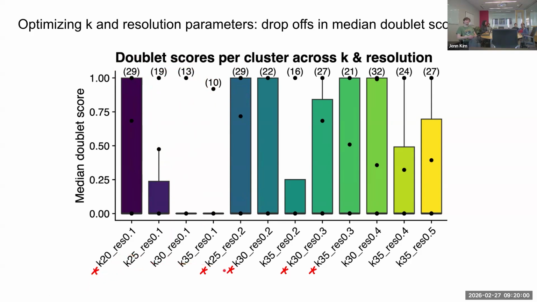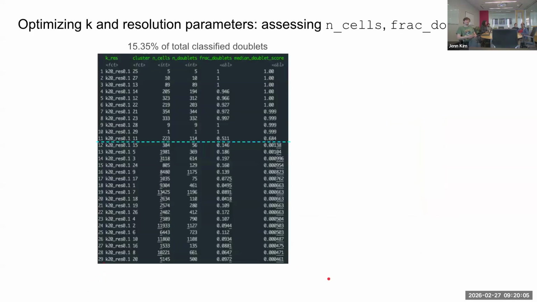So then we focused in on these 5 K-res combinations a little bit further. So you can look at each of the K-res combinations. I'm starting with K20, resolution 0.1, and you can see, if you sort the clusters by the median doublet score, there's this stark drop-off at 0.684 down to clusters that have around 0 median doublet scores.